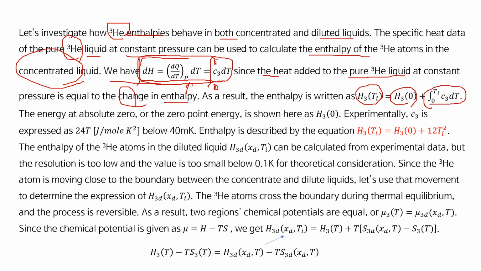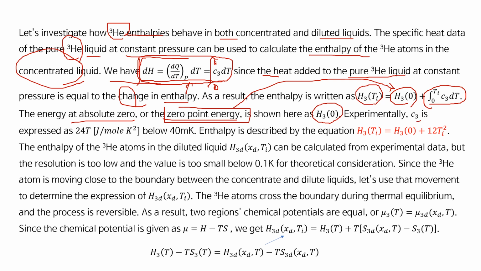The energy at absolute zero, or zero-point energy, is here as A30. This is the zero-point energy.